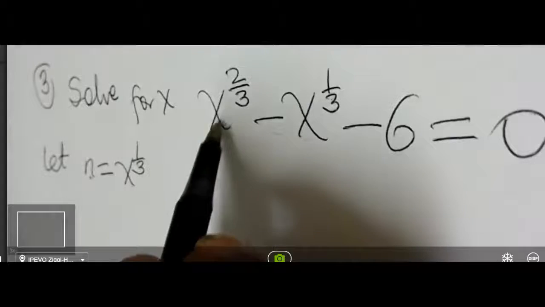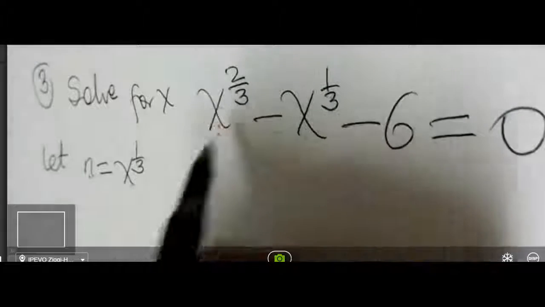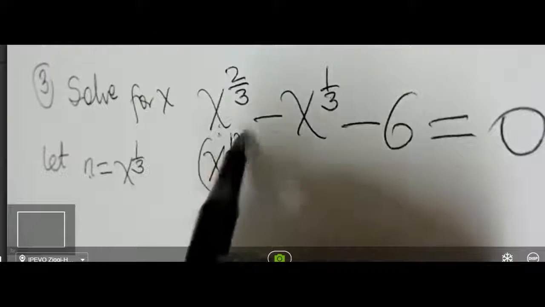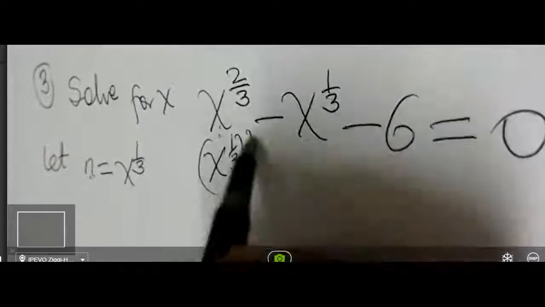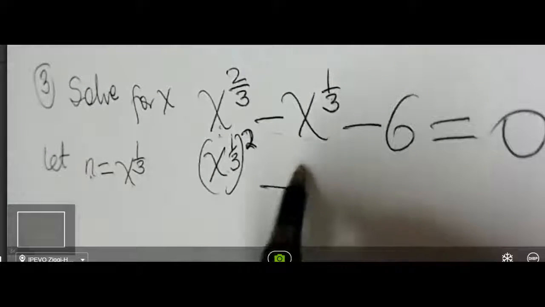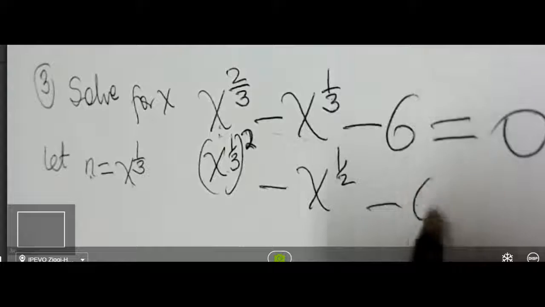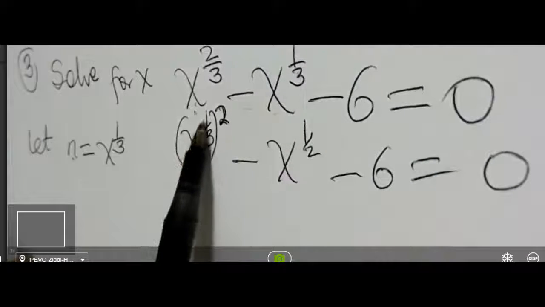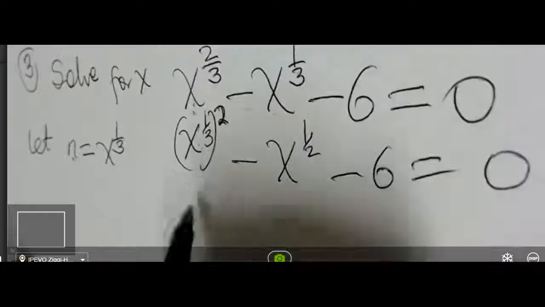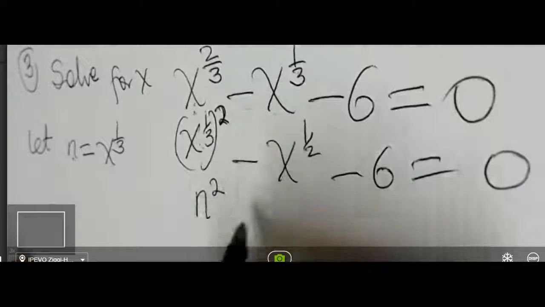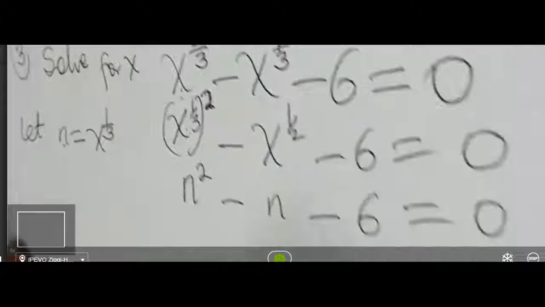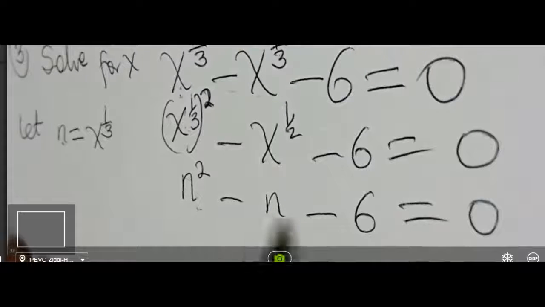This one is actually x to the 1/3 squared. So if we substitute n, it's going to be n squared minus n minus 6. This gives us a simple quadratic equation to factor and solve.